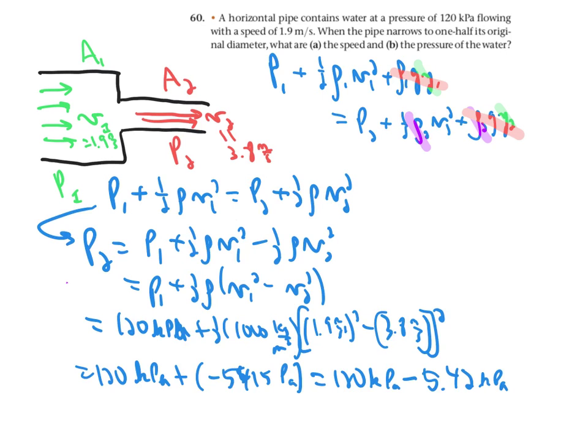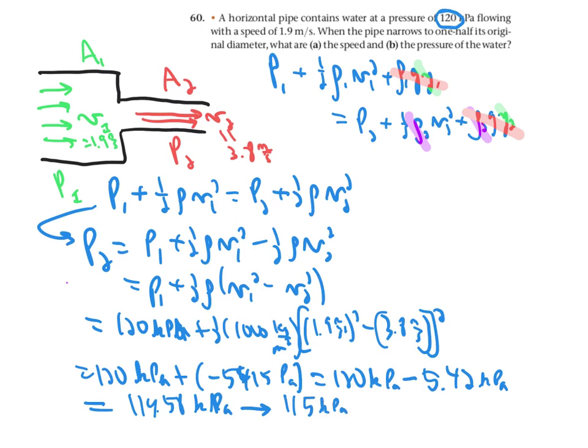But we can't have anything better than, to be entirely honest, it's a little fuzzy here as to whether that's 2 sig figs or 3 sig figs. Is that 0 significant? So I'm going to treat it as significant. So we would have 120 minus 5.42, which is 114.58 kilopascals, which should go to, in this case, the ones place.